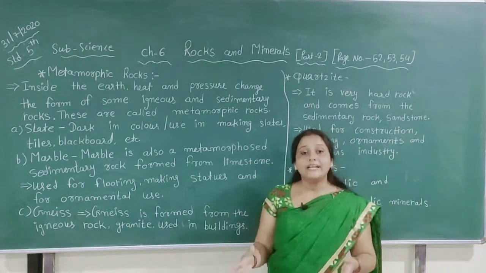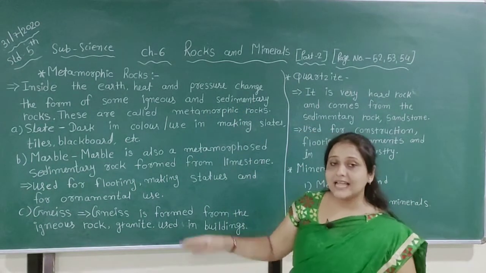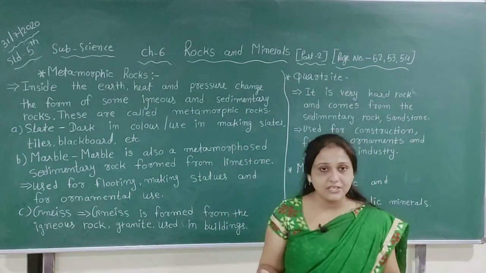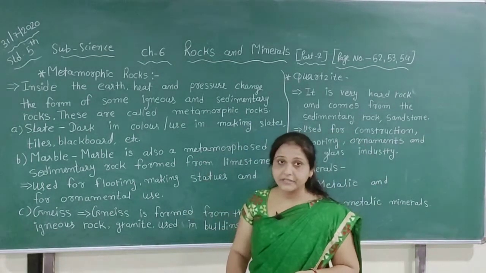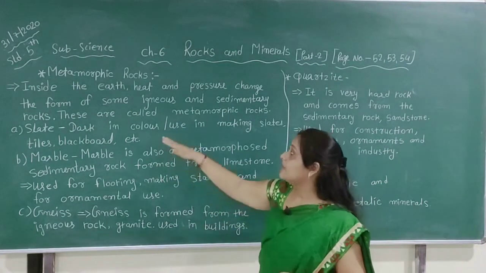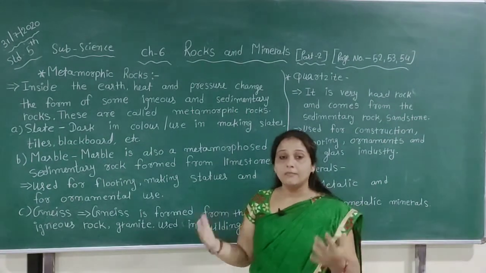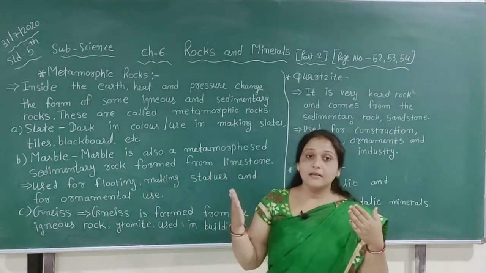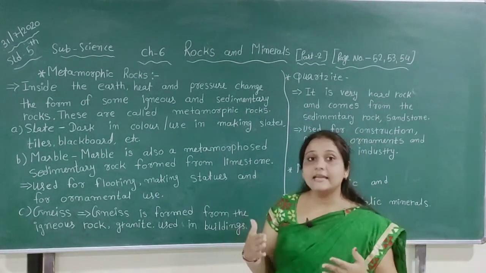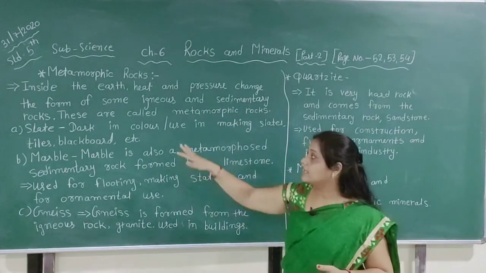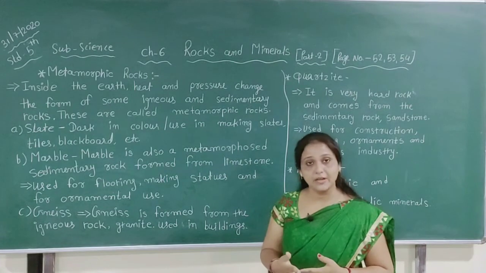We have already discussed igneous rocks and sedimentary rocks. Under the earth, they get heat and pressure, and this pressure and heat change the igneous and sedimentary rocks. These are called metamorphic rocks.